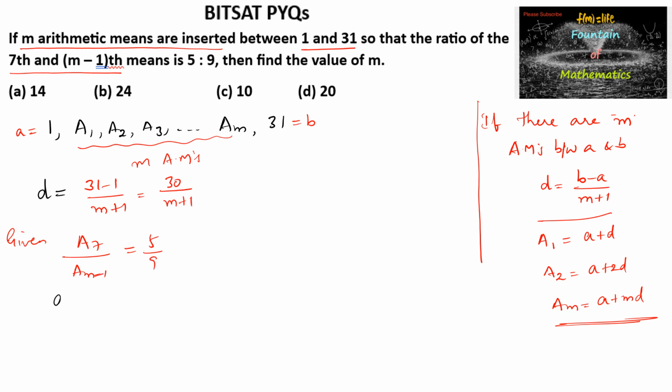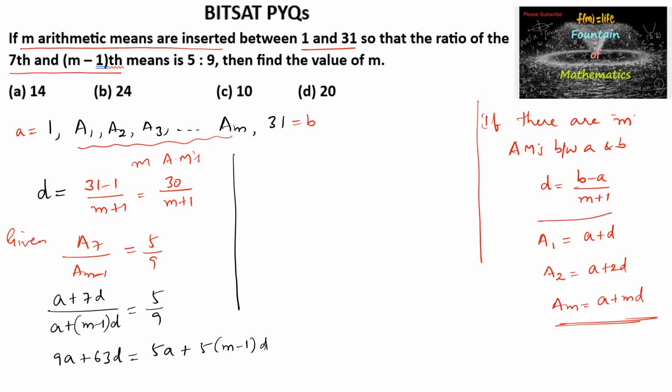So we can write (a plus 7d) upon (a plus (m minus 1)d) is equal to 5/9, or we can simplify and write 9 times (a plus 7d), 7 nines are 63, d is equal to 5 times a plus 5 times (m minus 1)d.